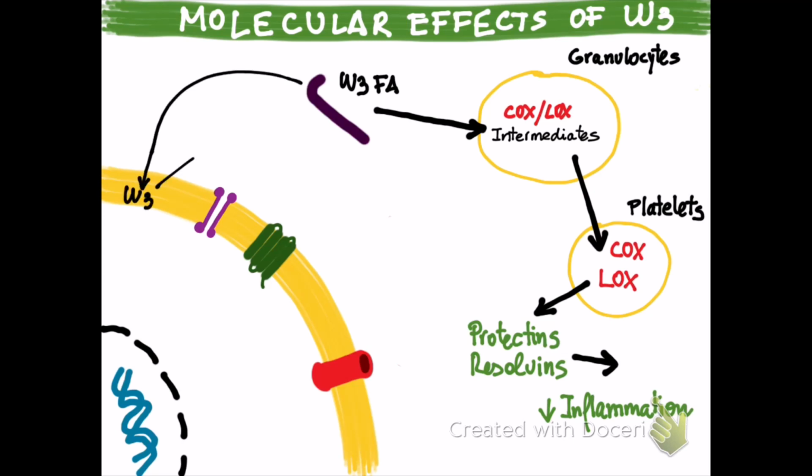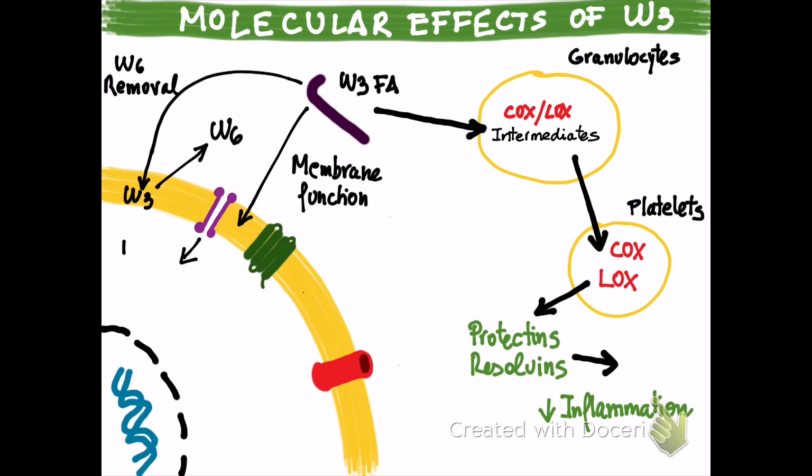In the cellular environment, omega-3 fatty acids are integrated in the plasma membrane and decrease the concentration of omega-6 fatty acids, which are pro-inflammatory. Not only do they eliminate much of the omega-6, but they also improve the function of the membrane and all the proteins it contains, such as ion transport, receptors, or membrane channels.